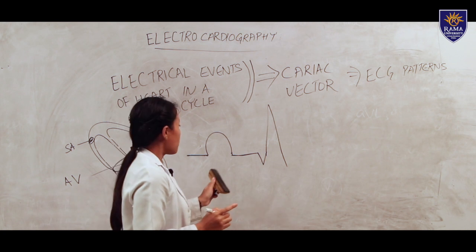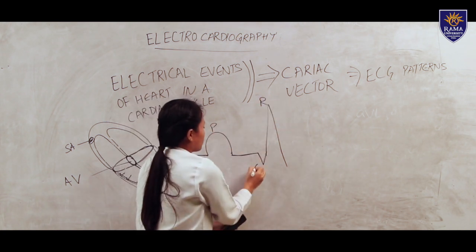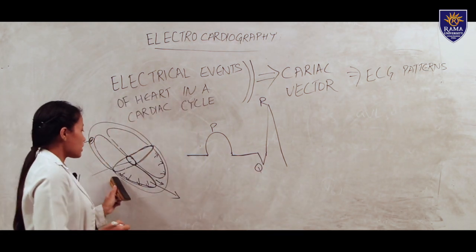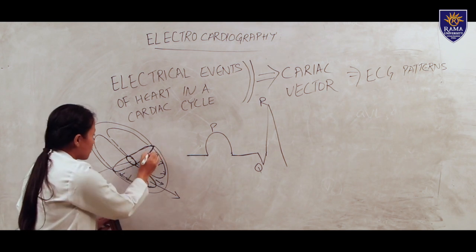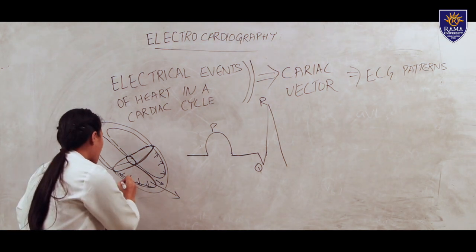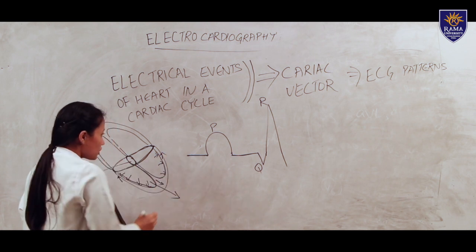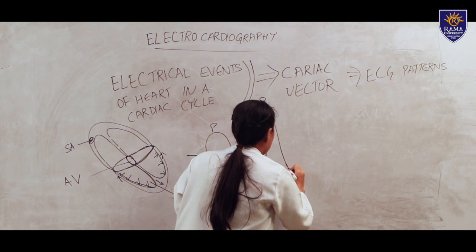So major ventricular depolarization will form the R wave. The next, third stage is basal ventricular depolarization. Here also it moves in an upward and rightward direction, and it will form an S wave.